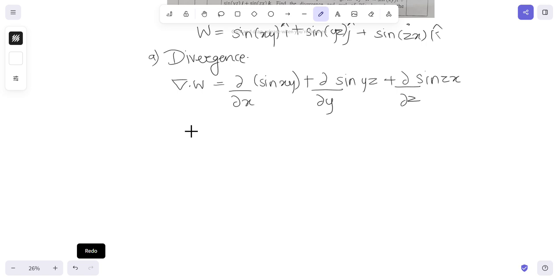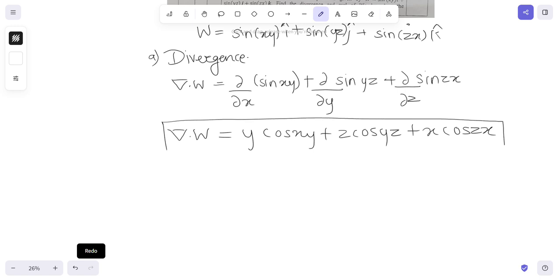Now the divergence of W that we obtain is y cos of xy plus z cos of yz plus x cos of zx. So this is nothing but the divergence of W.